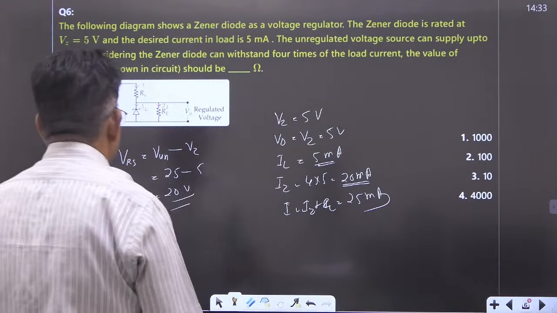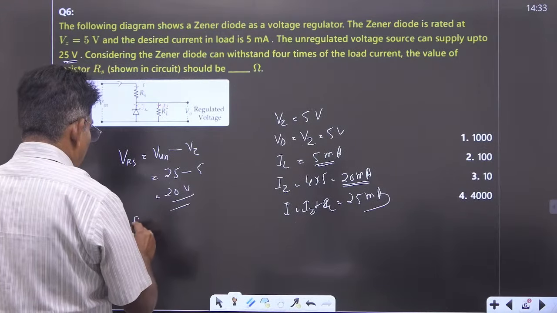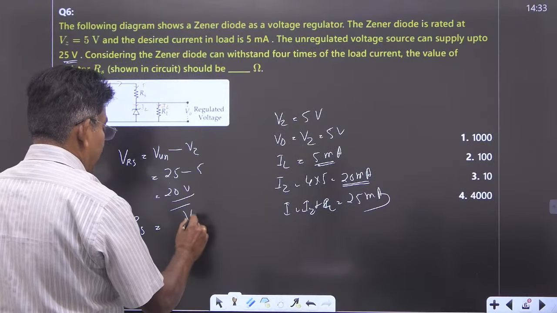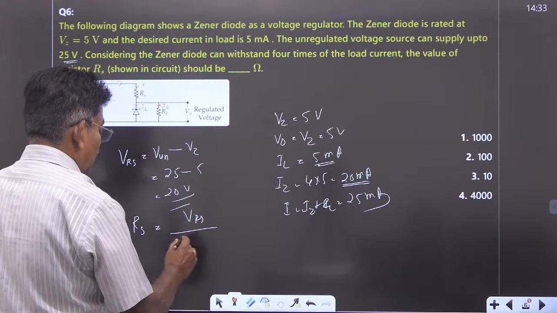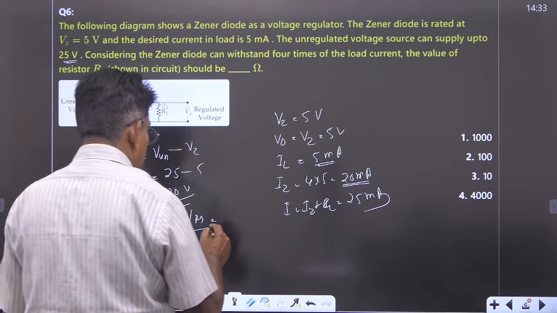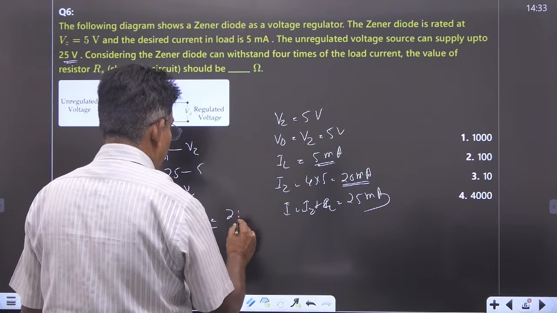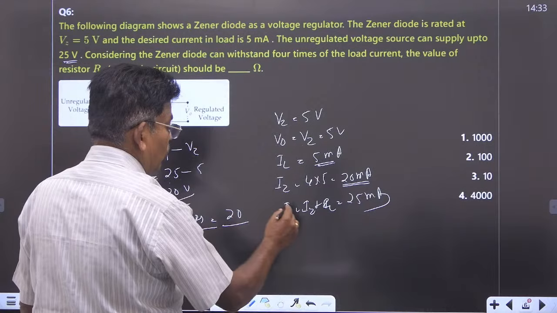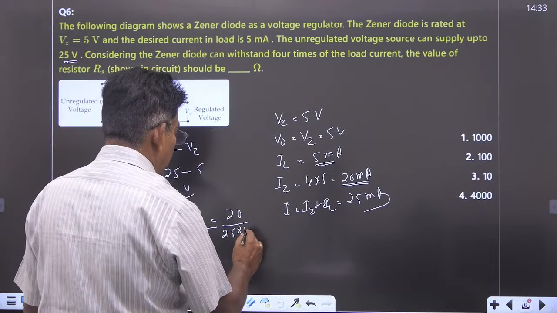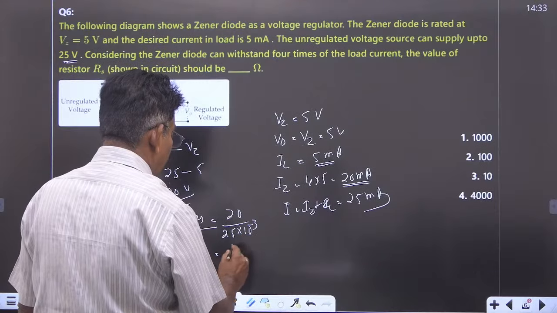So the value of series resistor is equal to voltage across series resistor divided by the current I. Voltage across series resistor is 20. Total current is 25 milliampere, 25 into 10 to the power of minus 3.